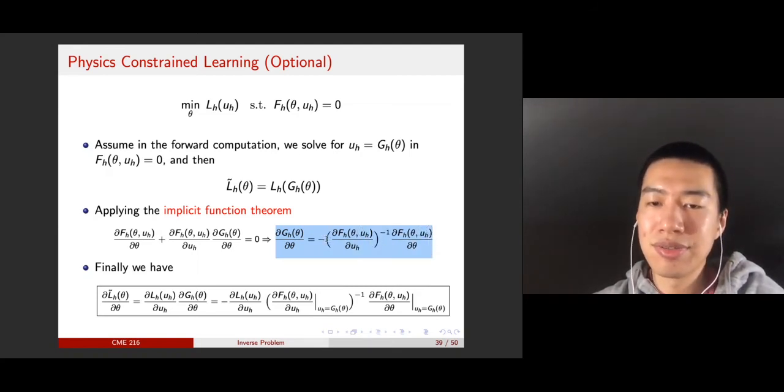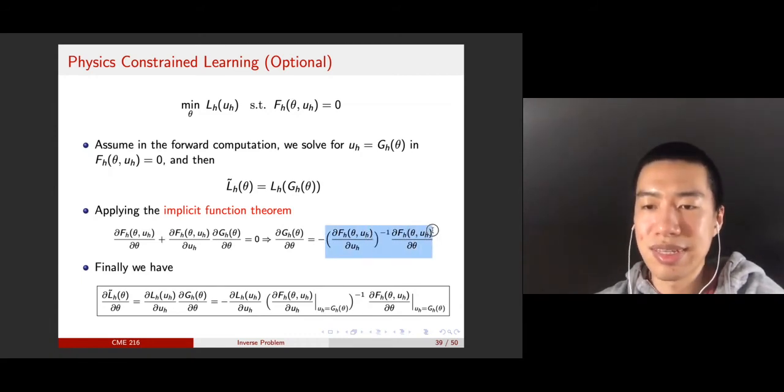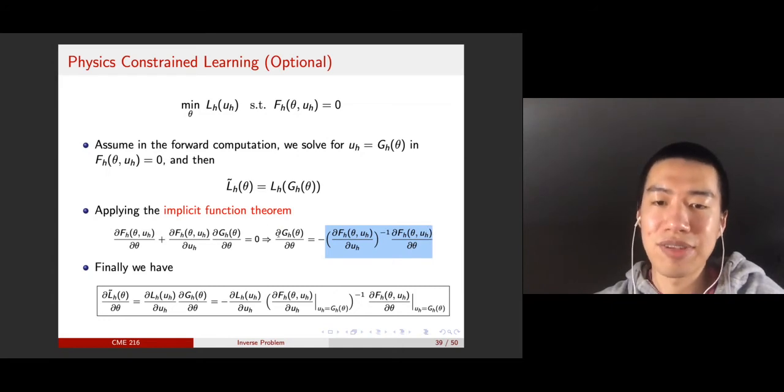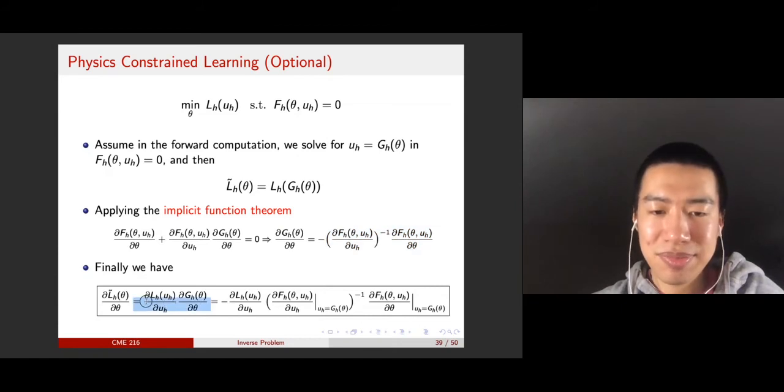You are not going to compute this inverse here, nor are you going to compute this term immediately after you get it. Instead, you plug this term into the expression for partial L tilde with respect to theta, and you get this formula.